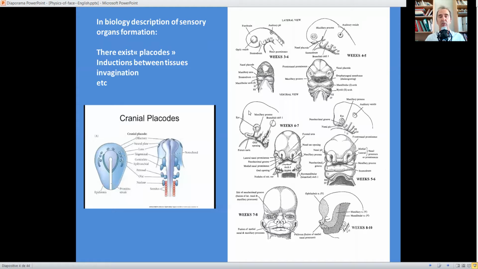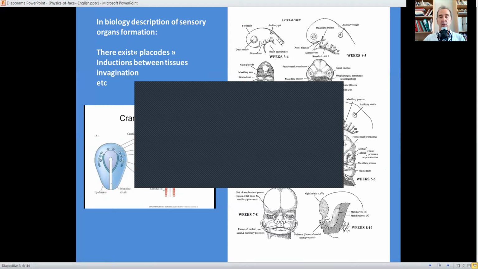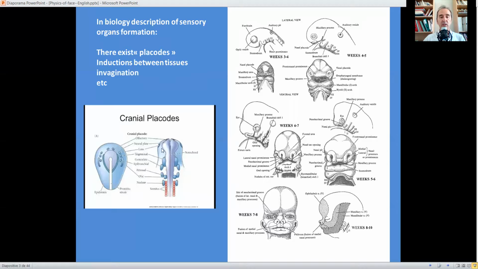So if you go to biology papers or textbooks, you'll find a description of sensory organ formation, such that in the blastula, at a very early stage, when the embryo is still more or less flat, you have cranial placodes. And these placodes, after some process of induction, will become the sensory organs, like the olfactory pit, the optic vesicle, the otic pit, and some other things like the trigeminal nerves.